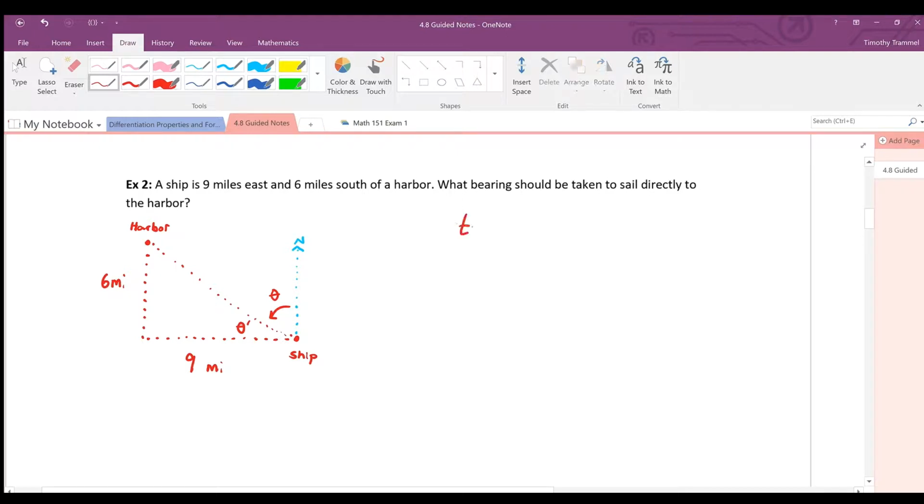So we have tangent of theta prime is equal to opposite over adjacent. So 6 over 9, or how about 2 over 3? If I want to figure out theta prime, we can take tangent inverse of both sides. So theta prime is equal to tangent inverse of 2/3.